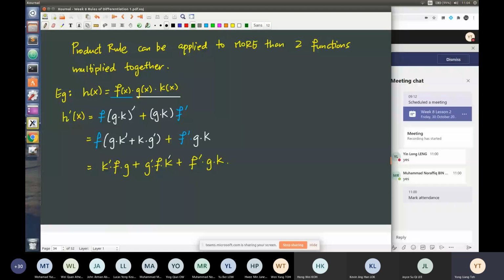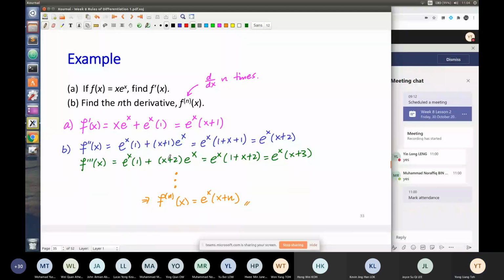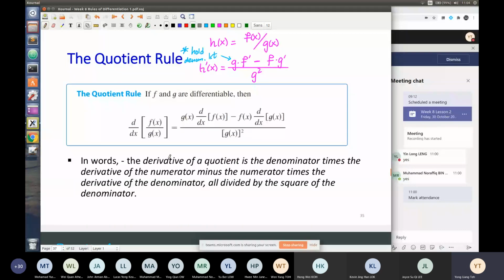So we looked at some examples demonstrating the product rule, and then ended the last lesson with the quotient rule. The quotient rule has more constraint, because with the product rule, you can choose to differentiate any of the functions first, whichever order you prefer. However, for the quotient rule, you can't do that.